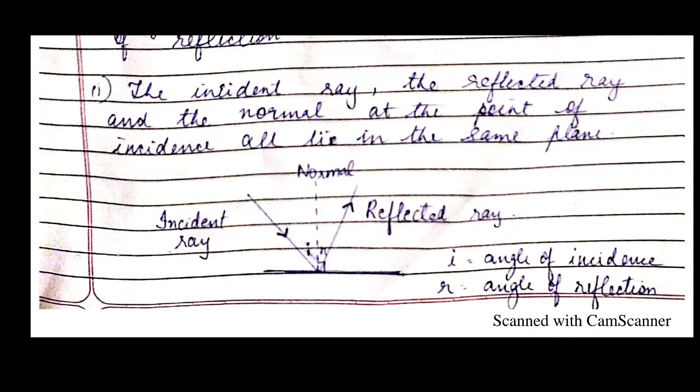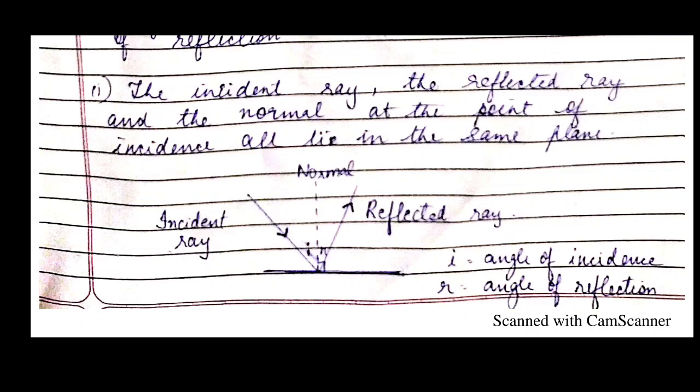So the angle of incidence is equal to the angle of reflection, where I have marked I, that is angle of incidence, and R is angle of reflection. Suppose the angle with which the incident ray is hitting the surface is 50 degrees, so when it gets reflected, the reflected angle will also be 50 degrees.